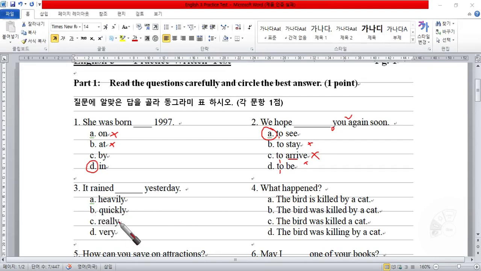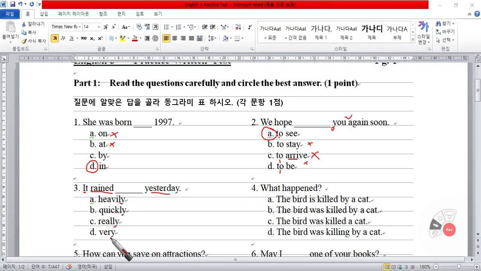3. Okay, so in 3, it rained yesterday. The sentence is correct as it is. Let's talk about the weather. And we give the word rained. So we're looking at the verb, and it tells us when. With this verb, we're going to describe that verb. And right here, you have a collection of adverbs, and you can tell they're adverbs by the ly ending.